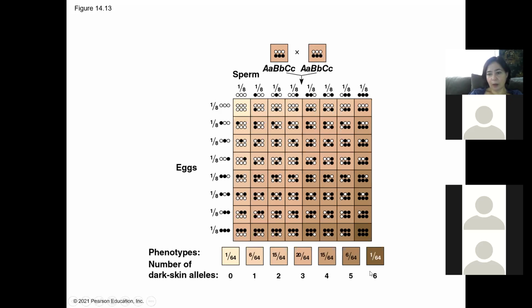The more alleles you accumulate, the darker the skin. The fewer alleles you accumulate, the lighter the skin. The same goes for eye color. The more you accumulate, the darker the eye; the less you accumulate, the grayer. And as I said, the same additive effects go for height and hair color as well.